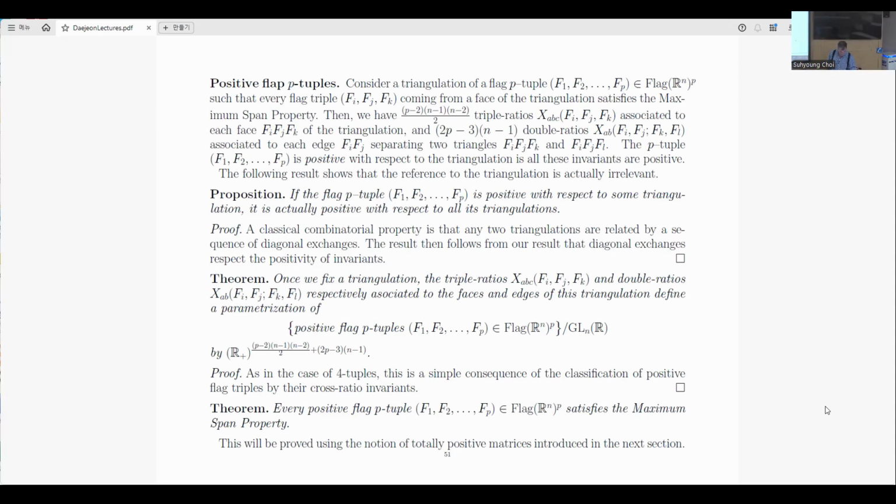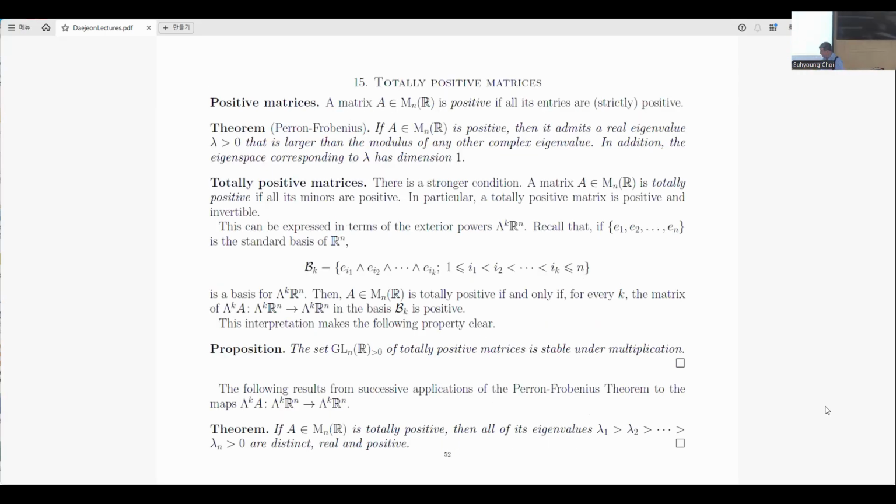Okay, so totally positive matrices, it's a weird notion which goes back to a result from 1951, late 40s. If you have an n by n matrix, we say it's positive, not totally, just simply positive, if all of its entries are strictly positive, not zero.